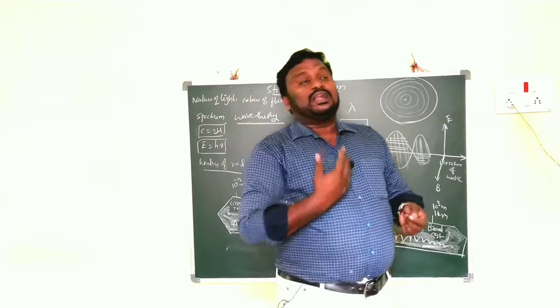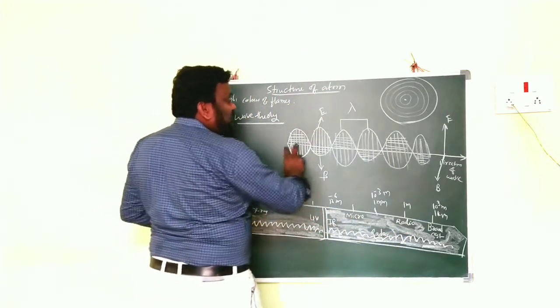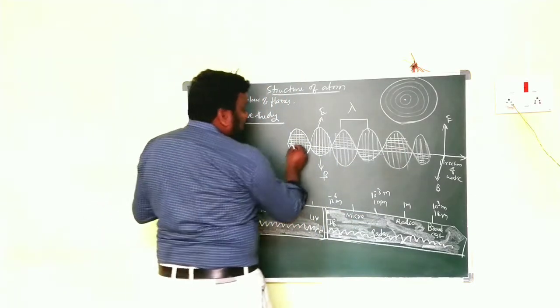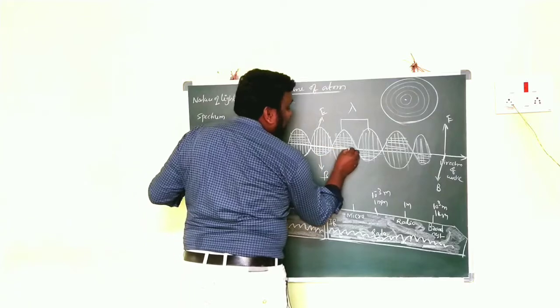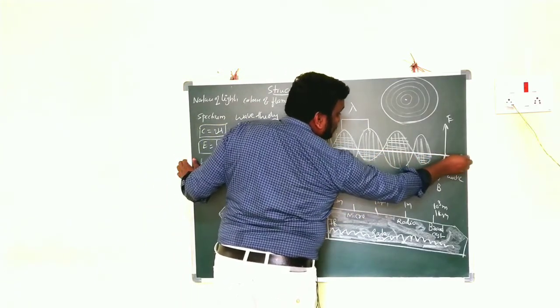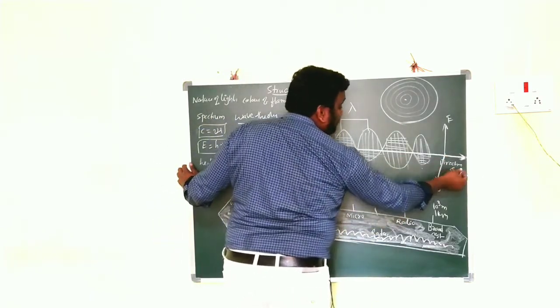Children, on the board there is a diagram that shows the electromagnetic wave. This is the electromagnetic wave, children. This is the horizontal line I am drawing now. Clear? This horizontal line shows the direction of propagation of the wave.